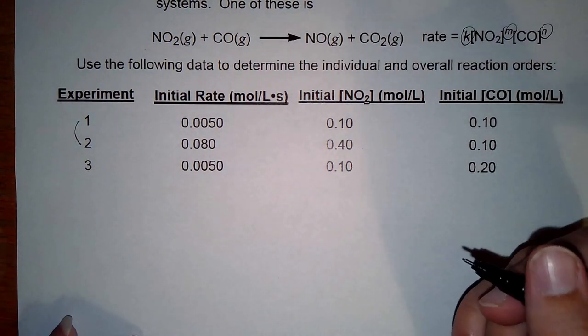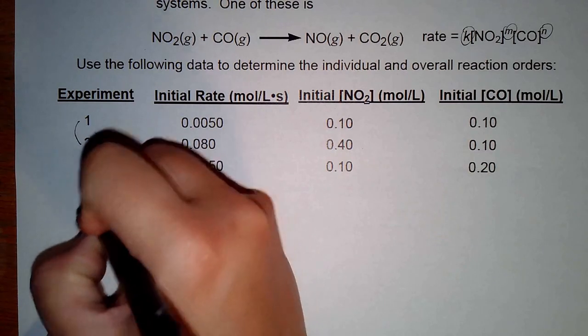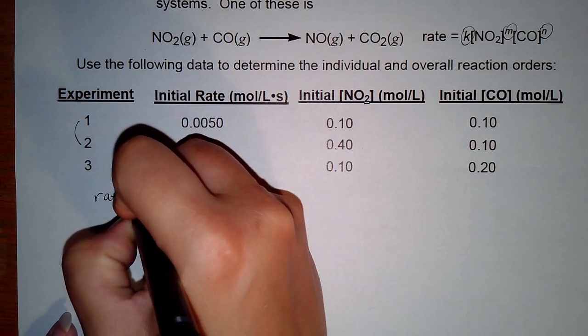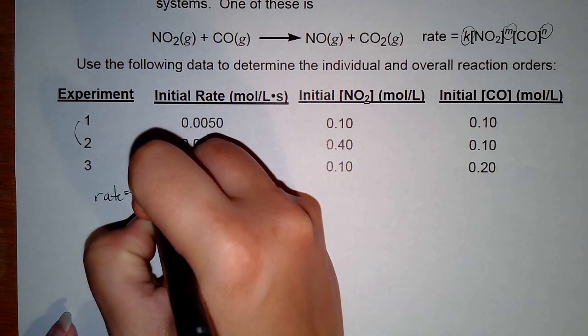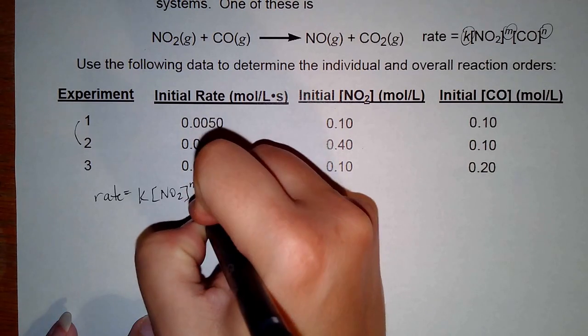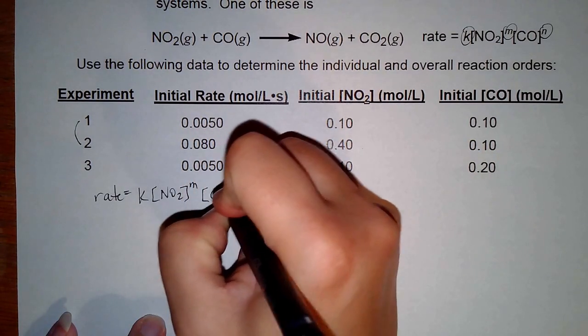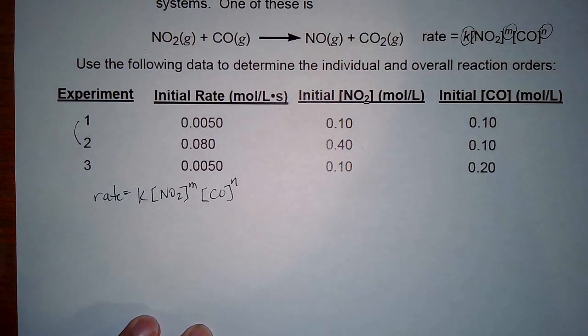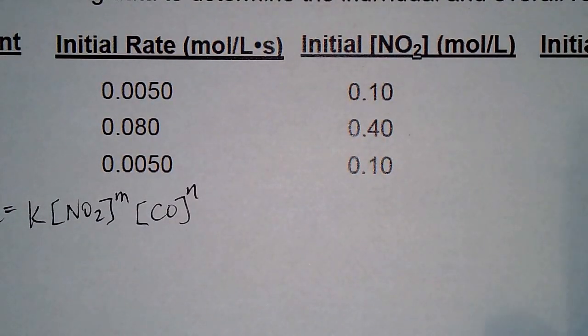So we're going to set this up in terms of the rate law. So rate law is equal to K times our NO2 to the M times our CO to the N. Alright, so now I'm going to set up a proportion. We're picking experiments 1 and 2.